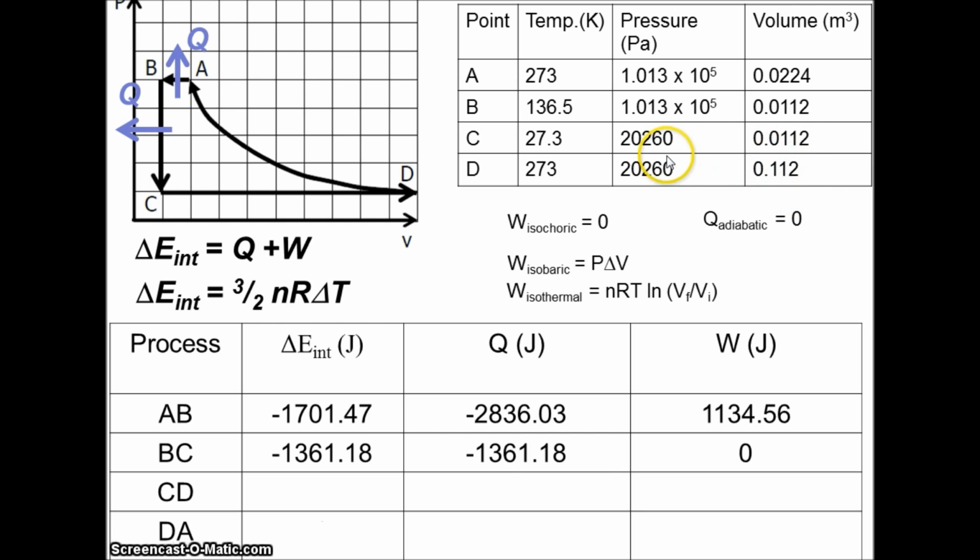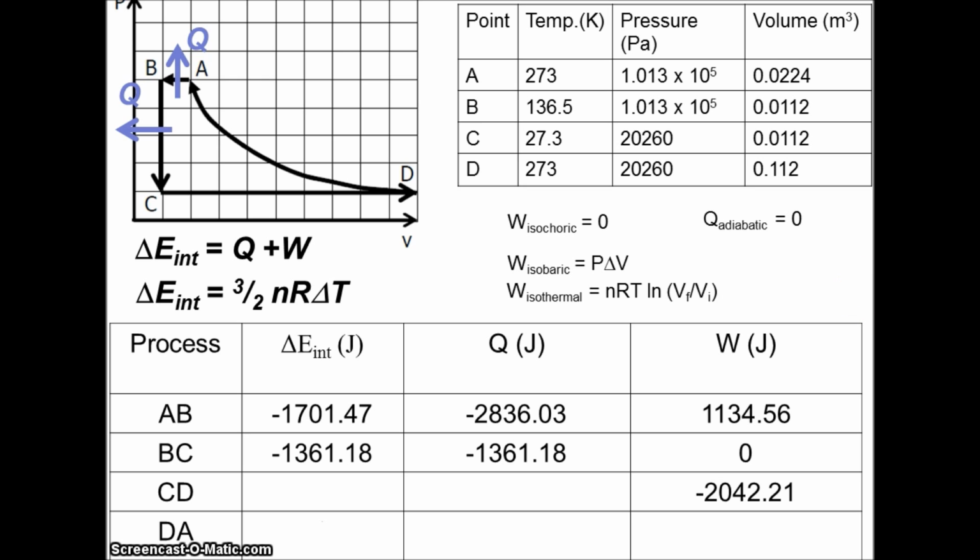So when I do this, I'm going to end up getting a positive value because the gas is doing work to the environment. Realize that in the first law of thermodynamics, W is defined as the amount of work done to the gas. So if the gas is doing a positive amount of work to the environment, the amount of work that's done to the gas is going to be negative. So even though I calculate a positive number, I plug in a negative and I get negative 2042 joules.